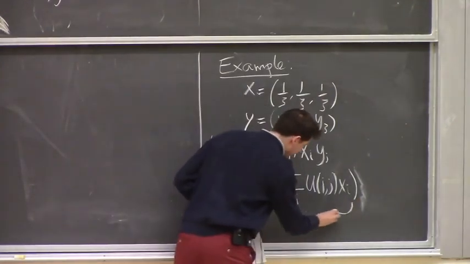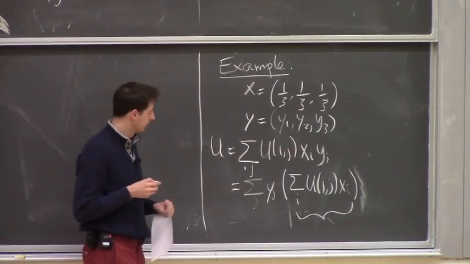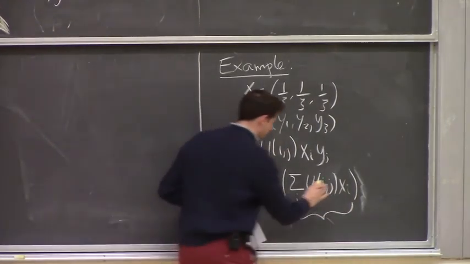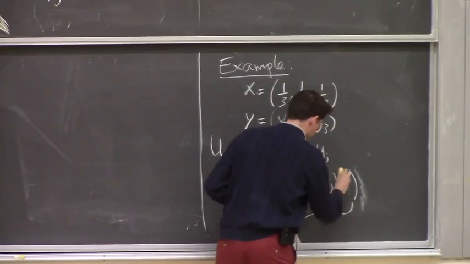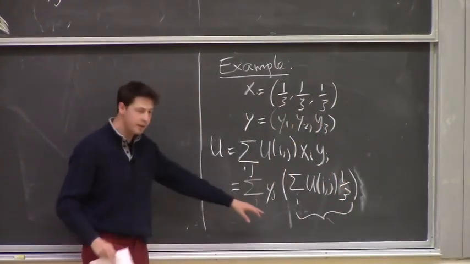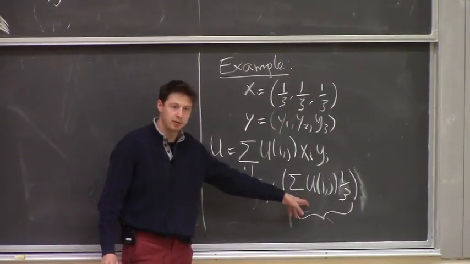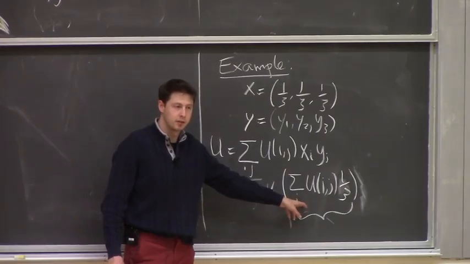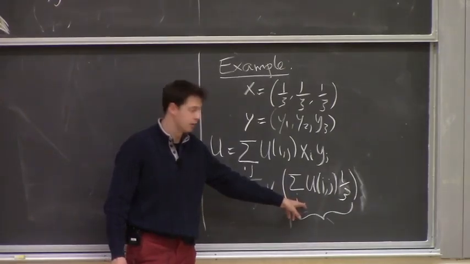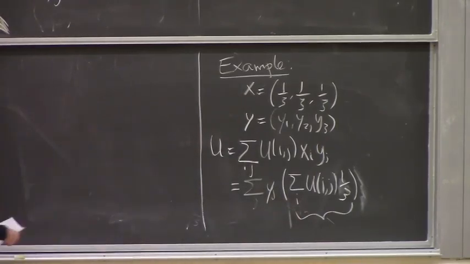What is this value? Actually, I should put a third here, just to make it clear. What does this say? It says sum up things that are in a column.